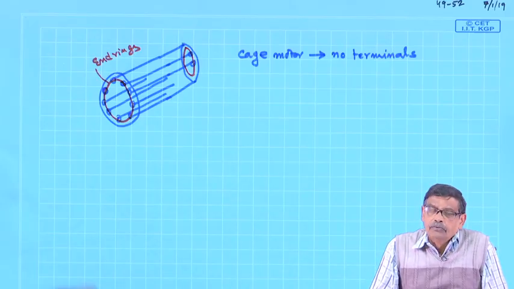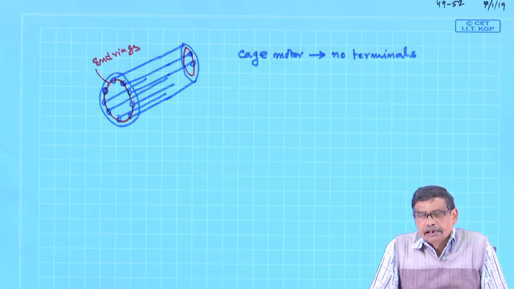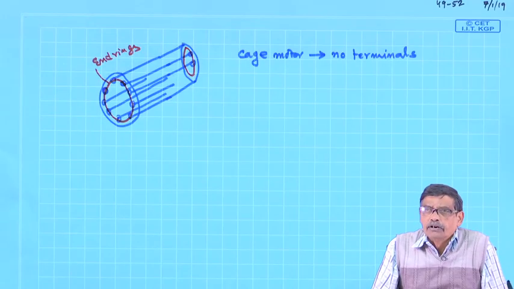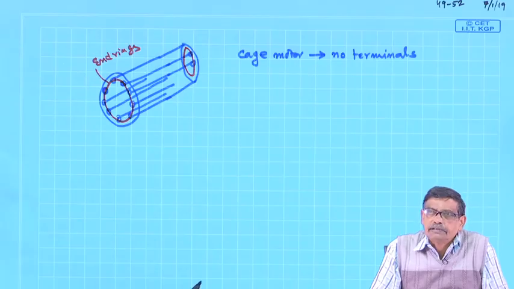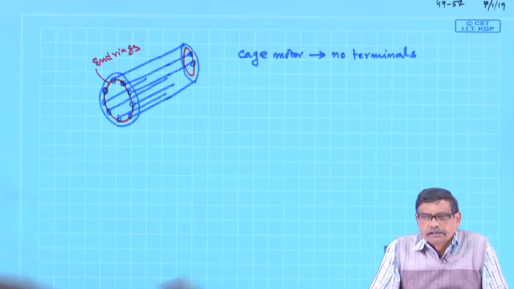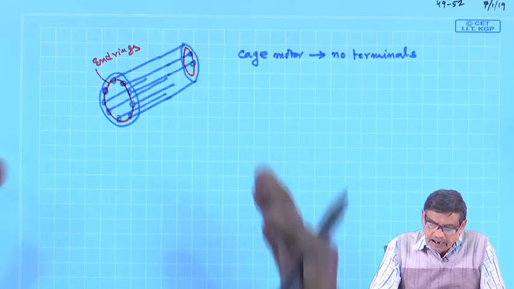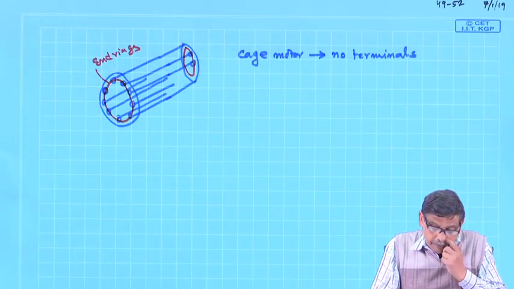Physically, if you remove the end cover, you will find in slip ring type induction motors there are 3 slip rings and 3 brushes, but in cage type induction motor nothing is available, only the rotor, and at both ends it is shorted.